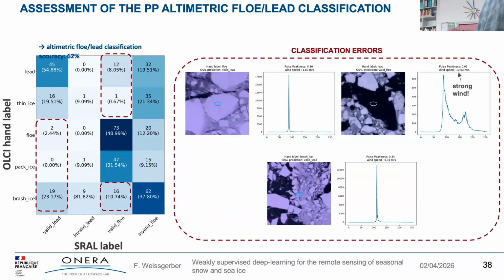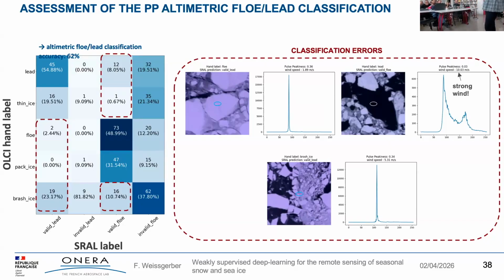So a bit weird. And then you have also other classification errors. Here Laura said that it's a flow, and the SRAL predictions say that it's a valid lead. So maybe there is a frozen lead here, but it's quite hard. Then you have other surprises, like here, it looks like a lead, but it's really large, so it can even be called a polynya. And you have strong wind that day, so the water is not as flat as for a lead, and the waveform looks a lot like the waveform of a flow.